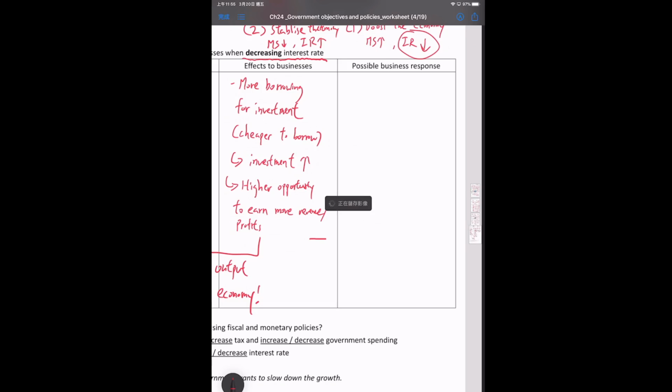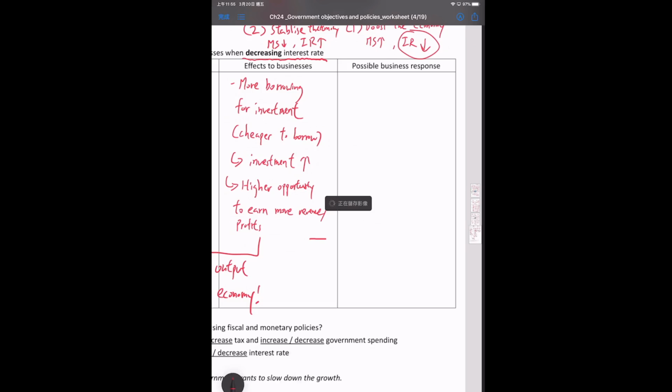So basically, the possible business response is something very similar to the effects on the businesses. They are going to do a lot of investment.